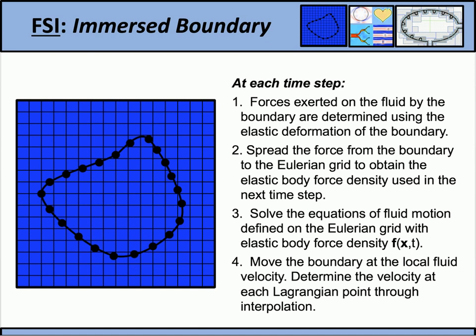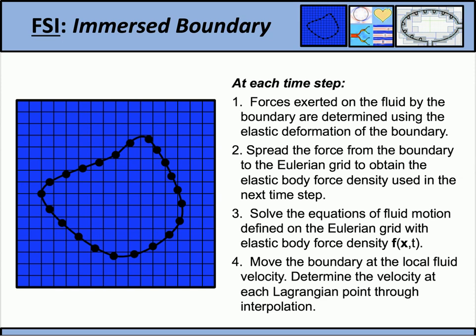If that structure is not in its preferred position, or that structure wants to move somewhere, there's going to be a deformation force coming from its material properties that exerts a force onto the fluid. Once that force pushes the fluid, it's going to move in a new way. Once the fluid is moving in a new way, it can go ahead and affect the structure in return, causing it to deform differently or move, so we have this very cyclical behavior every time step.